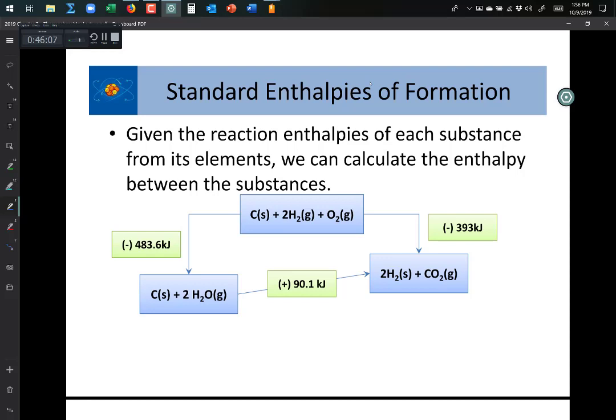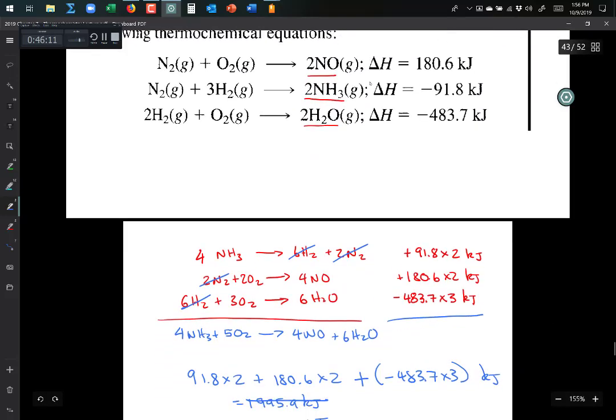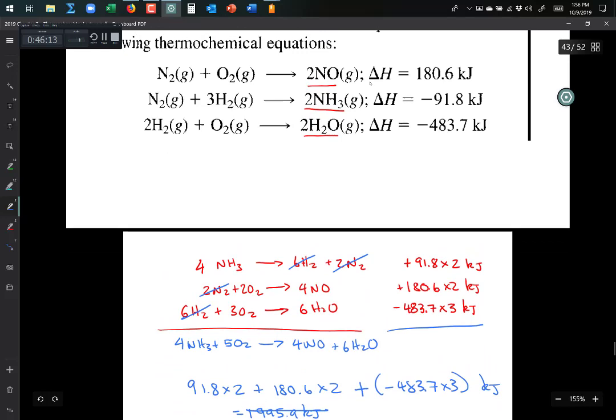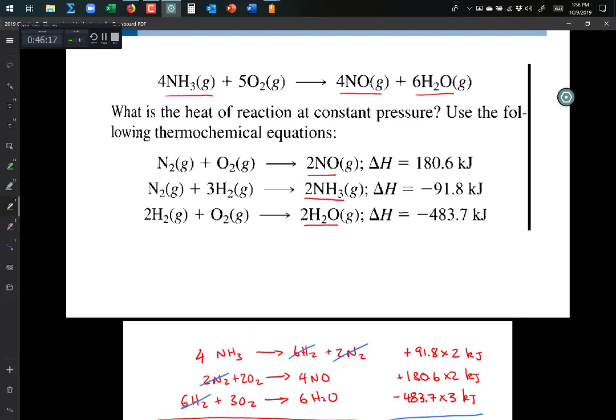Sorry, gotta go back up here. How many H2Os are in the picture? Like the first reaction? 3, right? And I had in the puzzle piece, I only had 2. So I just multiply by 3 to get this 6. So identify the puzzle piece is a very important part.